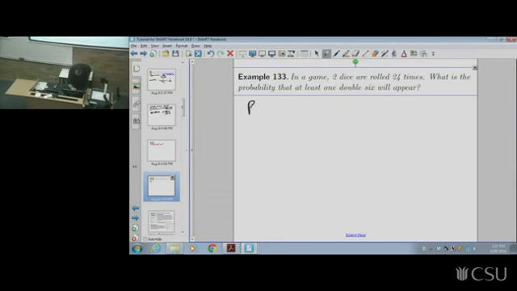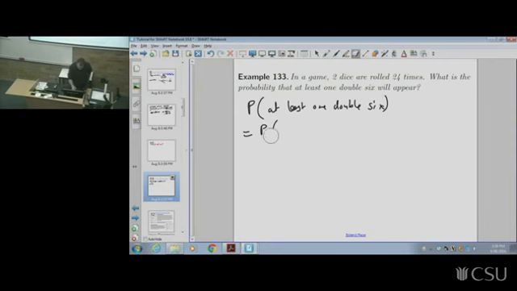So, the probability of at least one double six. So 24, 36, wouldn't it? How would you do it? Find out the probability of getting a double six. Okay, at least one means greater or equal to 1.